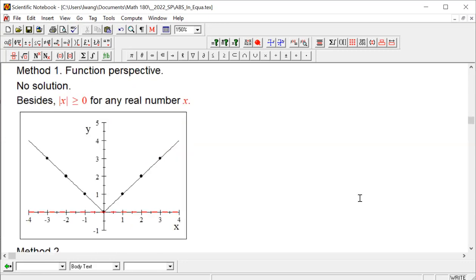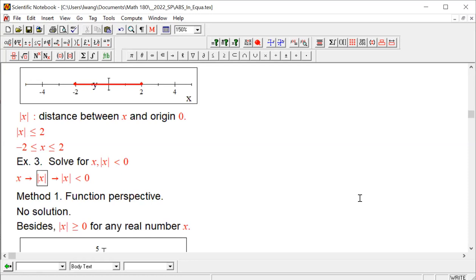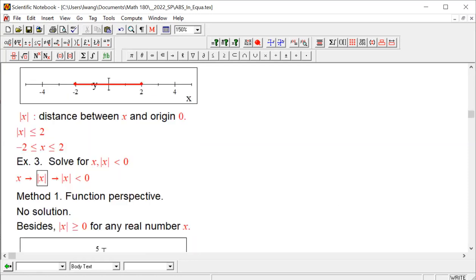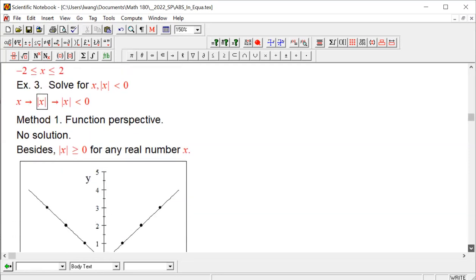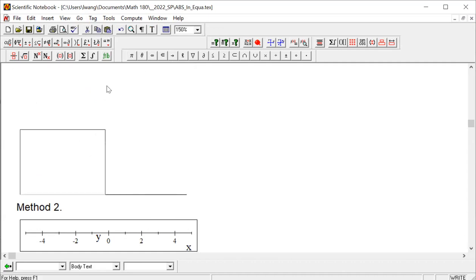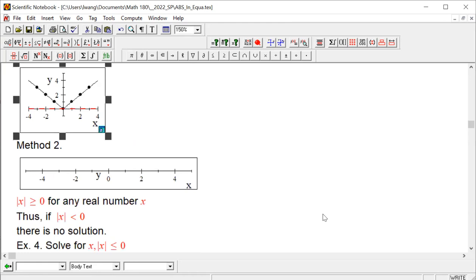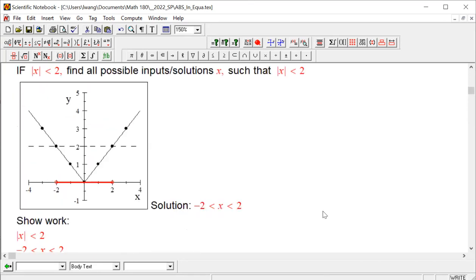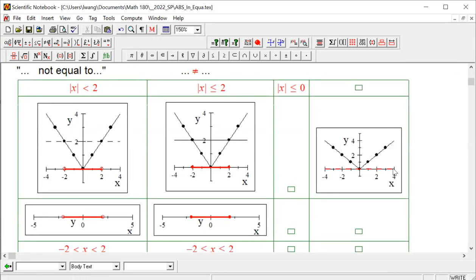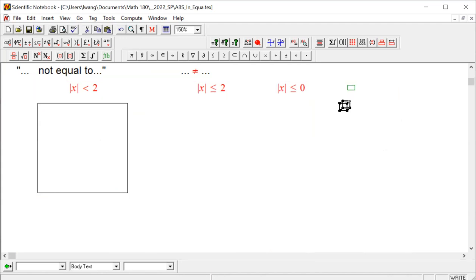We have that graph. This is less than 0, so I'm going to put less than 0. Less than 0, less than or equal to 0.